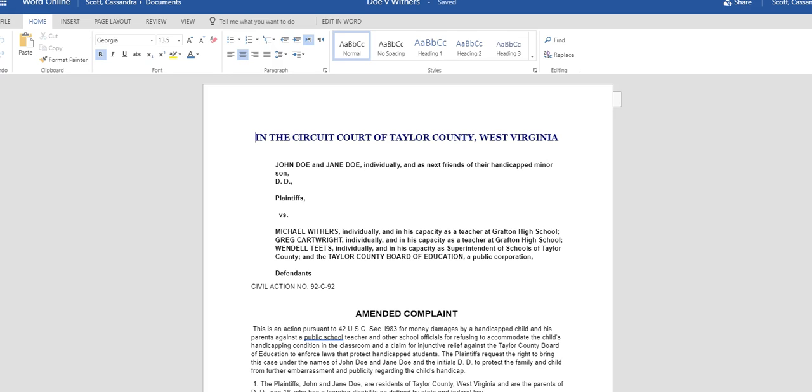And so this did end up going to court and was actually a civil case. The parents were awarded, I believe, $60,000, with $30,000 being paid by Mr. Withers himself. They also sued the superintendent, the principal, and the school board in general.